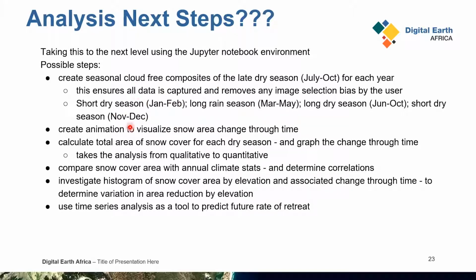Then we want to create an animation to visualize the snow area. Then we'll try to calculate the total area of the snow cover. So we may choose the sandbox, maybe. I don't know how we'll go about it. I don't know if water extent we could use that. I'm not sure. So you could assist me with that.